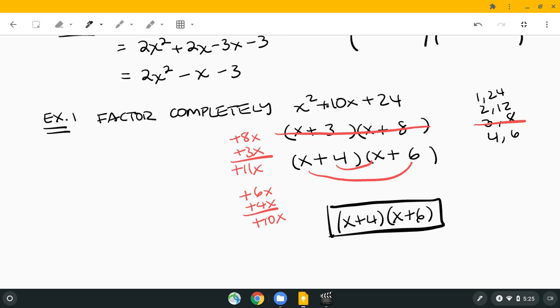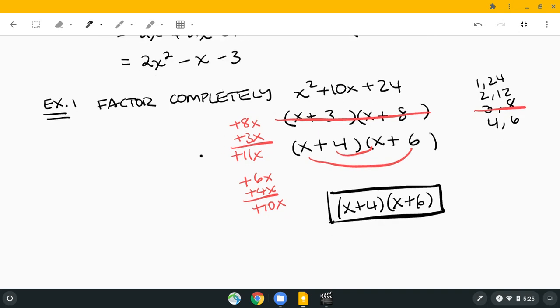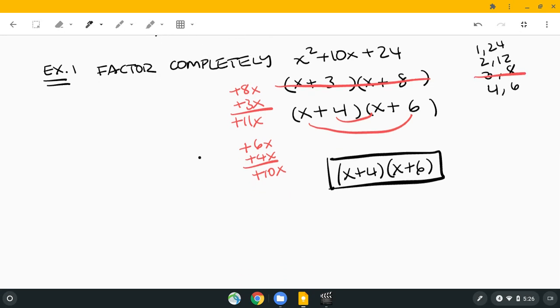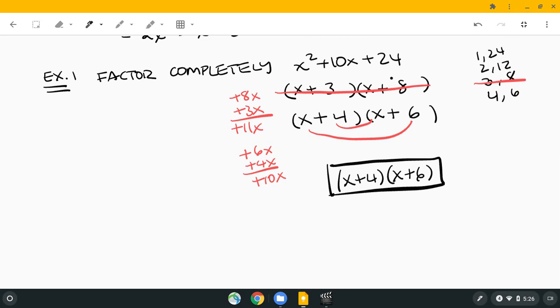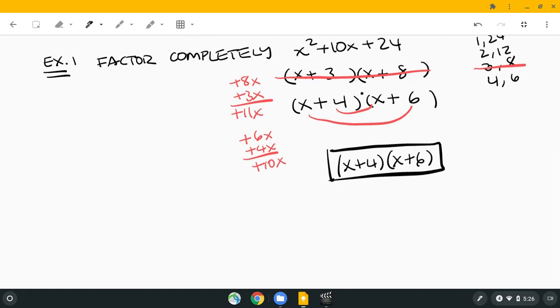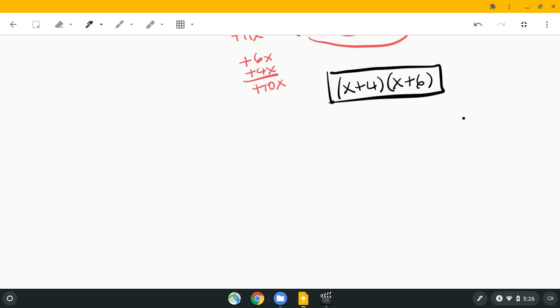So always check to see if you can factor anything out from the very beginning. I will do 2 more examples like this. If you feel like, oh, these are the easy ones, then you can go ahead and move on to video number 2. But if you need to see this again, then stick around for the next 2 examples.